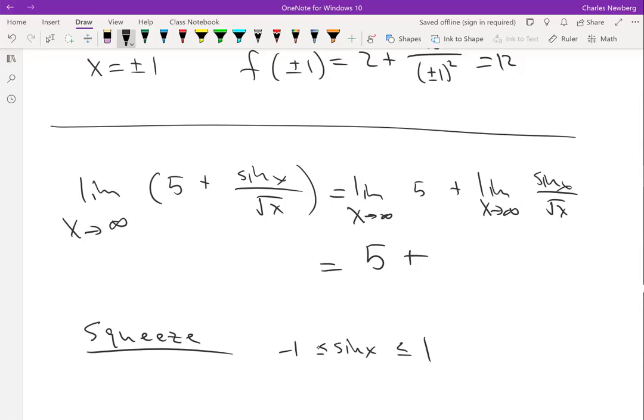Now, I know the square root of x is always positive, right? So when I divide by a positive number in an inequality, do I have to flip anything? No. Remember, if it were negative, we'd have to flip the inequalities. I'll divide everything by the square root of x.